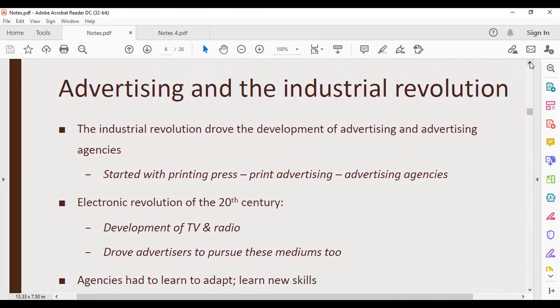Okay, so let's look at advertising. Let's go back a little bit in time. Advertising and the Industrial Revolution. The Industrial Revolution drove the development of advertising and advertising agents. If you remember very well, the Industrial Revolution is an era or a period that happened within the 20th century when factories and industries were developing at an alarming rate.